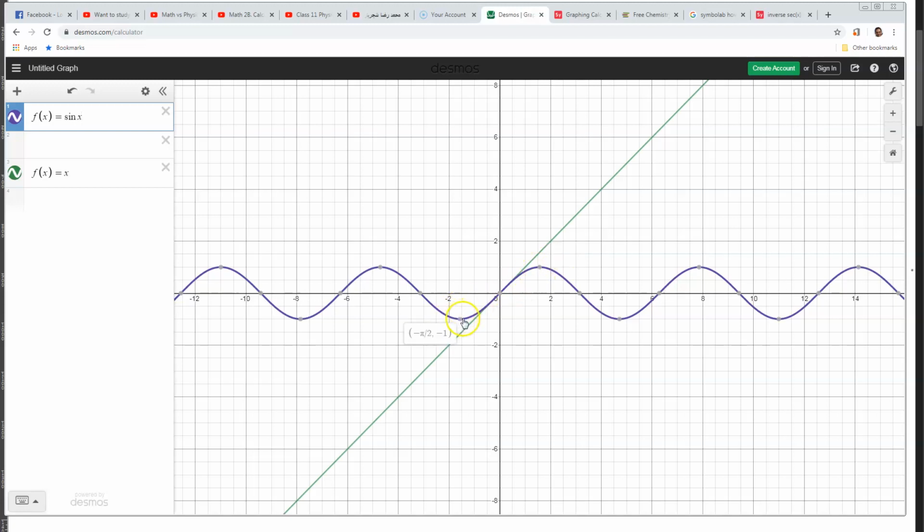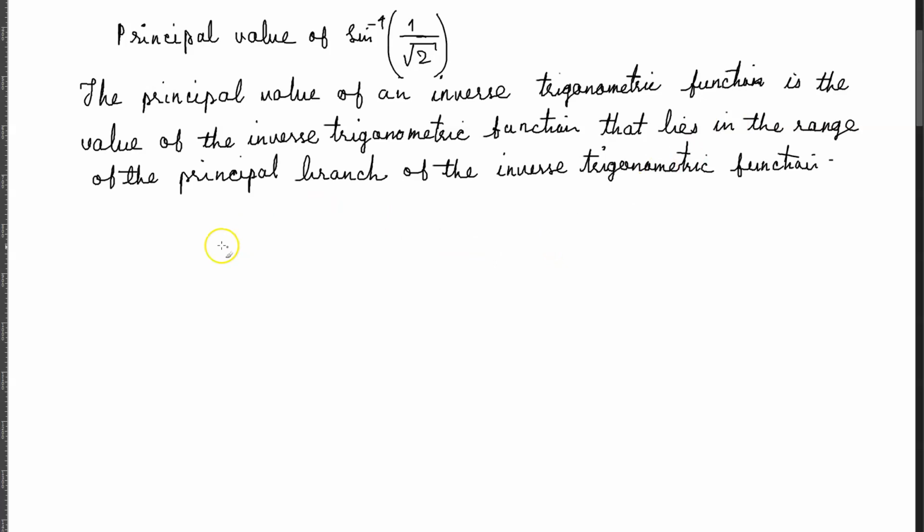In that interval, your function is one-one and onto. So the range of the function becomes negative pi by 2 to pi by 2, and then the domain of the inverse function becomes negative 1 to 1, and the range would be negative pi by 2 to pi by 2.